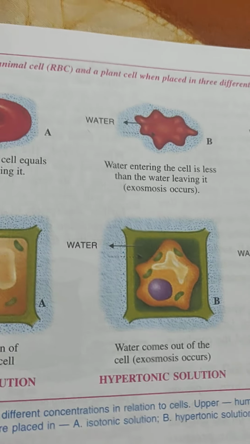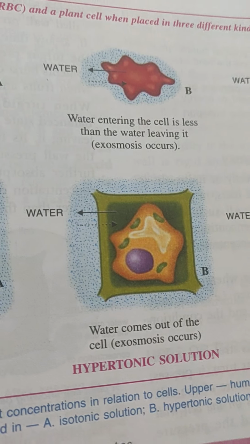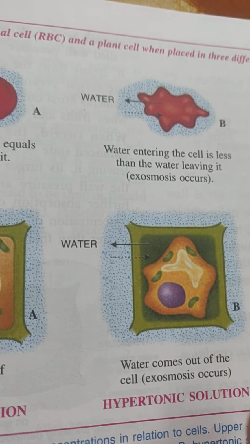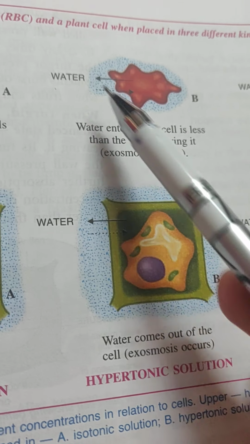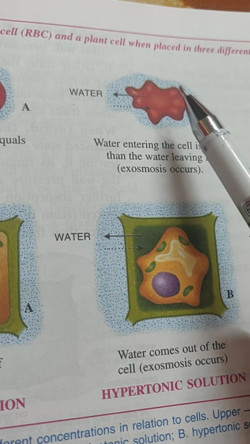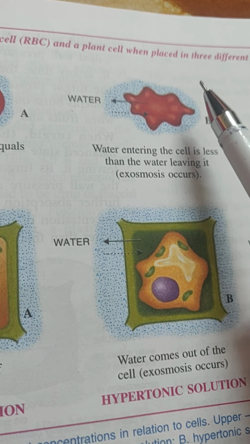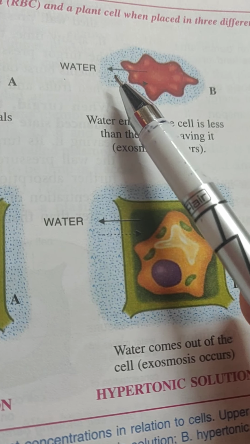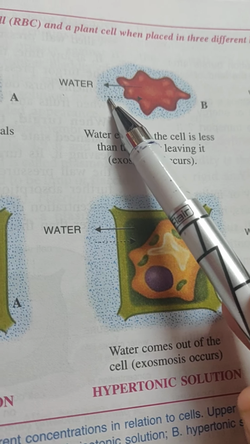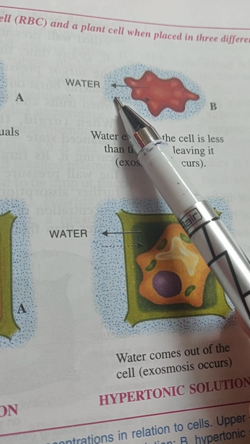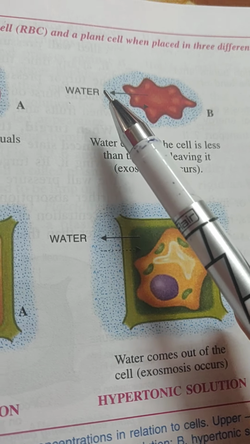Now let us come to the hypertonic solution. In this case, the solution in which the cell is kept has higher solute concentration. That means the solution outside the cell is concentrated. Solute concentration is more, which means water or solvent concentration is less.